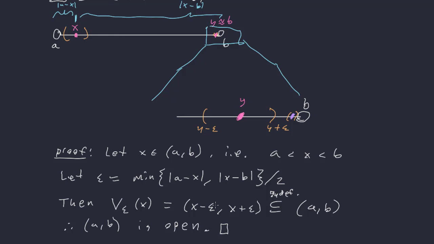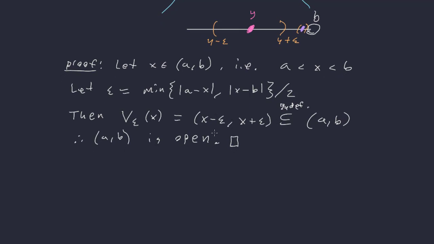All right, now I'll say a similar argument will work for A to infinity open. But instead of choosing the minimum, because it's clear which the minimum is going to be, you wouldn't do the distance between x and infinity.